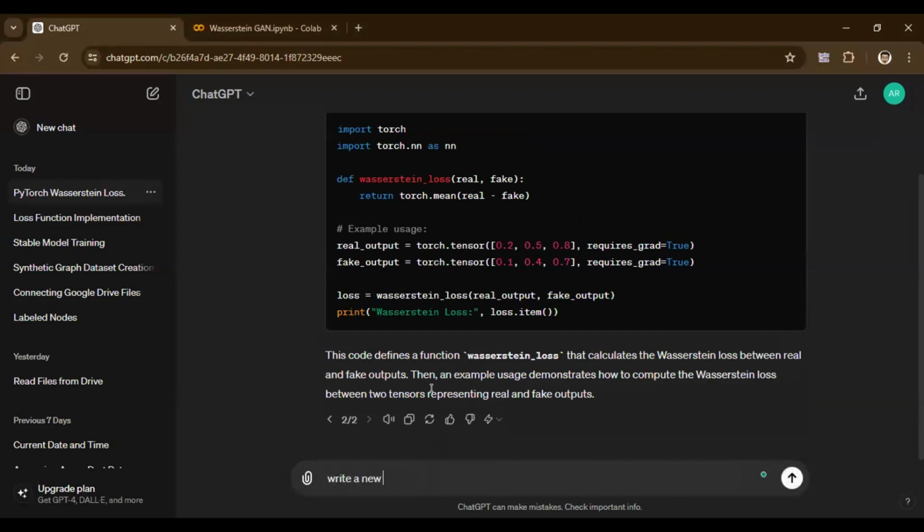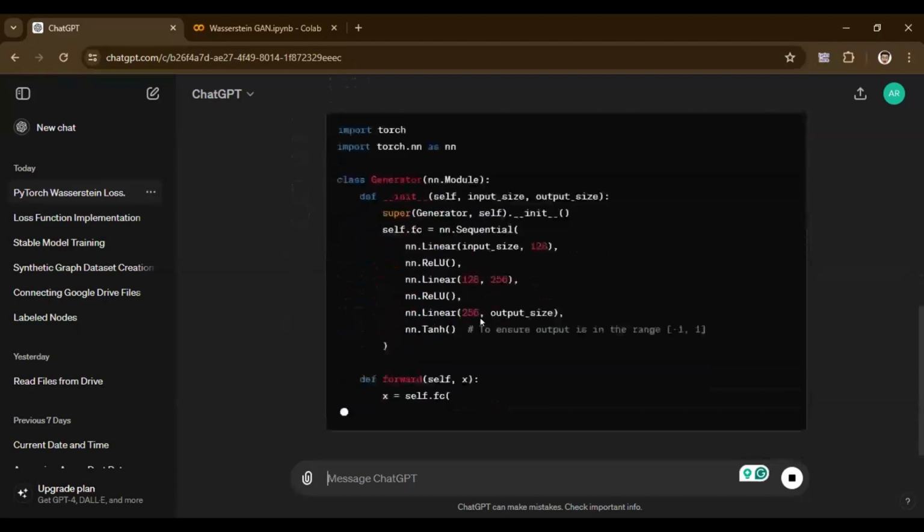Okay, so after the loss function, we will write a new cell to design a simple generator network architecture for the WGAN.